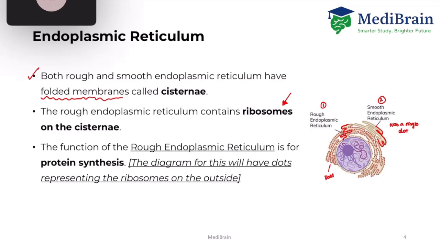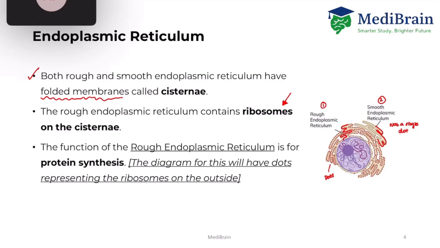But ribosomes are normally just represented by dots, while rough endoplasmic reticulums normally have ribosomes on their cisternae. So the diagram for this will have dots representing the ribosomes on the outside.